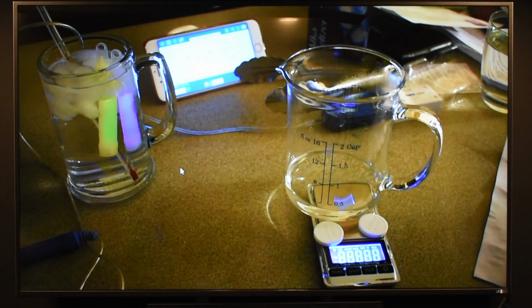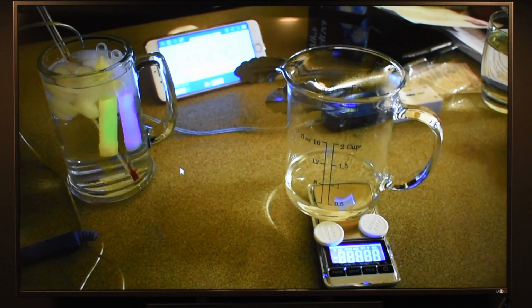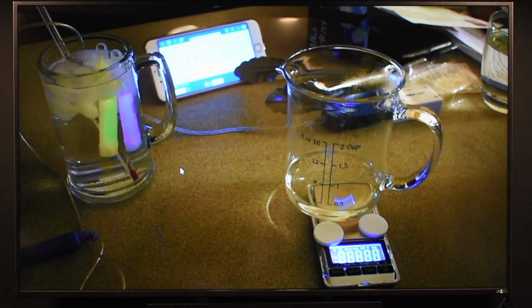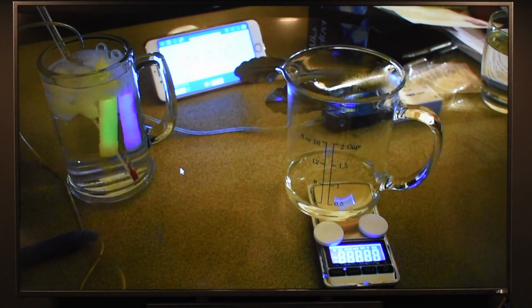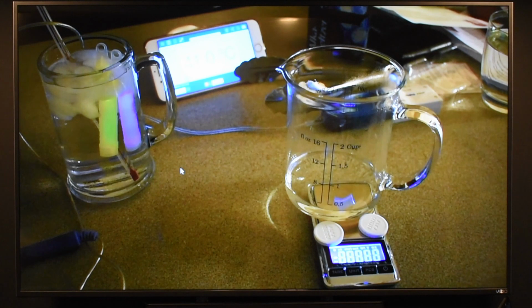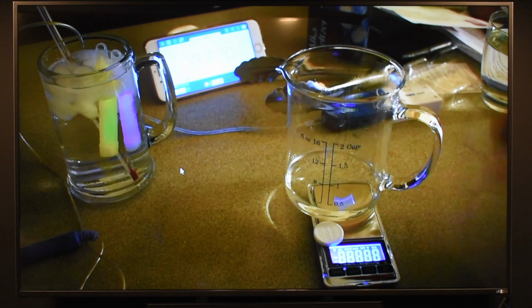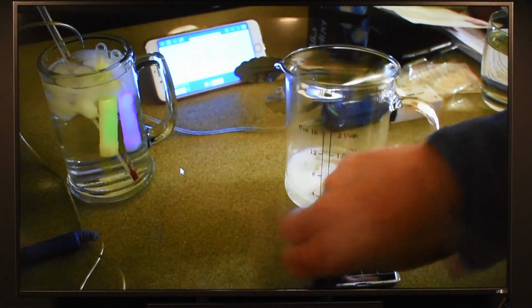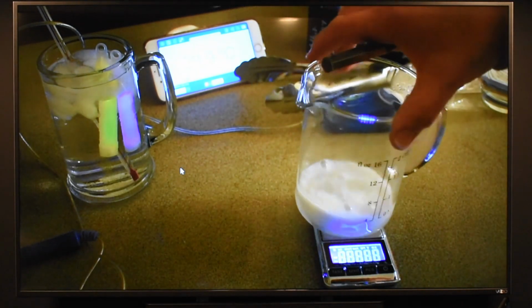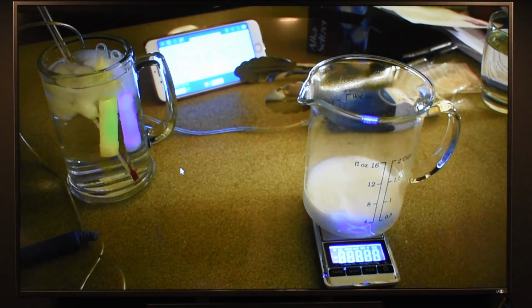Now I'm going to place the tablets in the water, and I'm going to record their mass every 10 seconds until the mass remains unchanged for 30 seconds. So here I go. Adding tablet 1, adding tablet 2, starting my stopwatch.